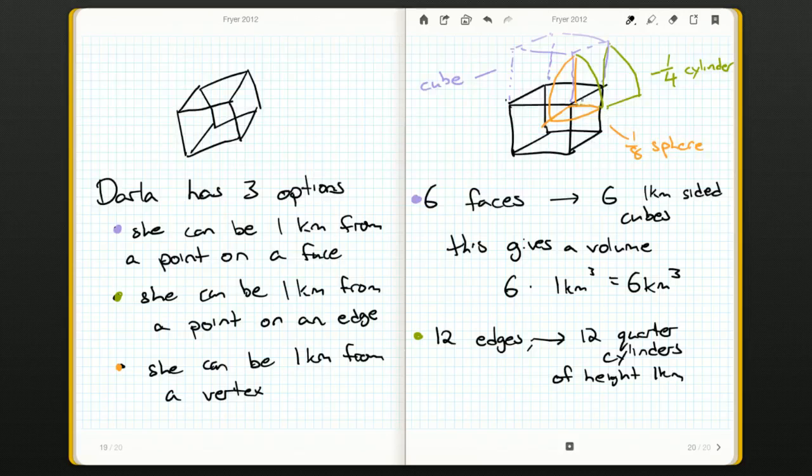But he's 1 kilometer high because that's the length of the edge. And he meets this cube and this cube, so he actually has radius of 1 kilometer. So that gives us 12 times pi, 1 kilometer squared times 1 kilometer. So r squared height. So that's 12 pi kilometers cubed. Right? Oh, but these are quarters.